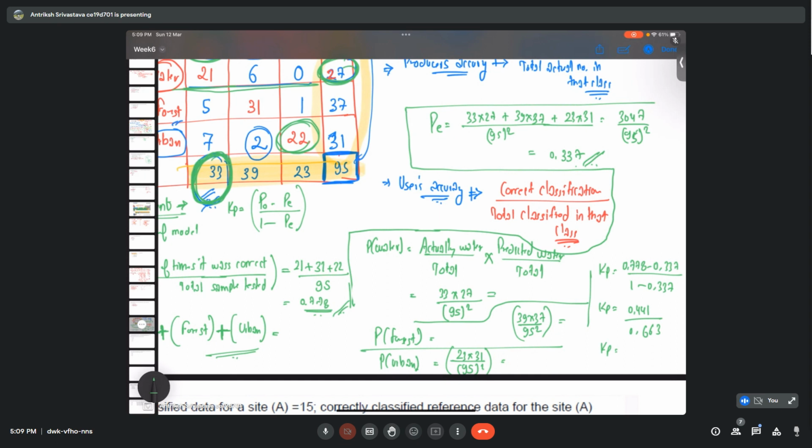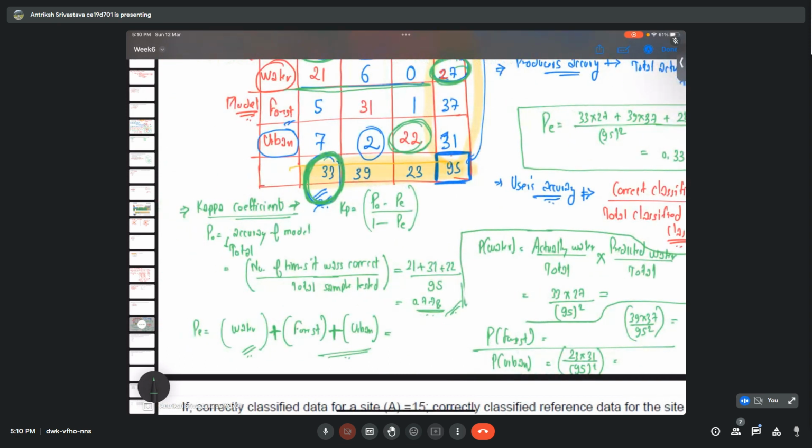The kappa coefficient is 0.665. So I hope you now know how to calculate the kappa coefficient for any number of classes in the classification. One thing to note is that the higher the kappa coefficient, the better. Higher is better.